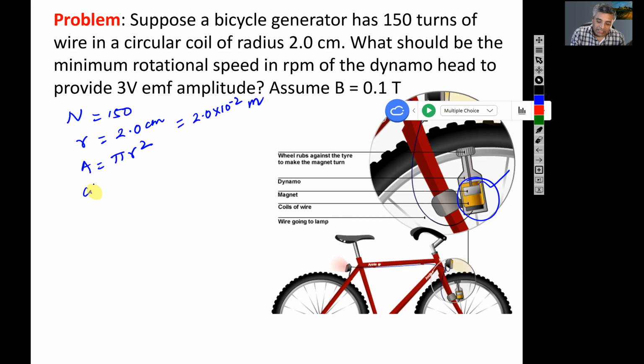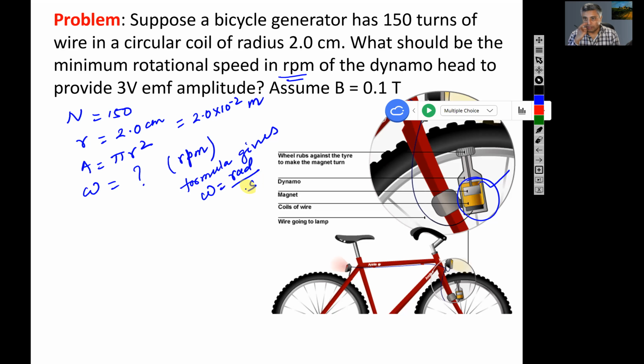So now rotational speed, omega, is what? And it says in RPM though. Our formula is going to give omega in what unit? Radian per second. So we need to go from radian per second to revolution per minute. Okay.